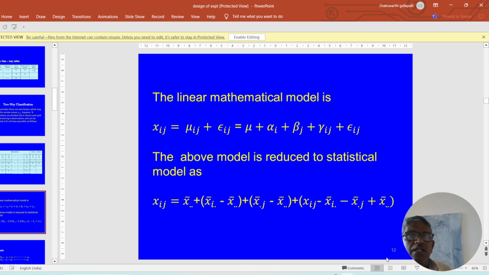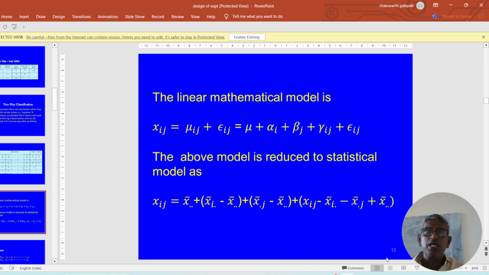Epsilon ij is the error term. So the total effect xij equals the assignable effect plus the chance effect. The chance effect we cannot break into different components.